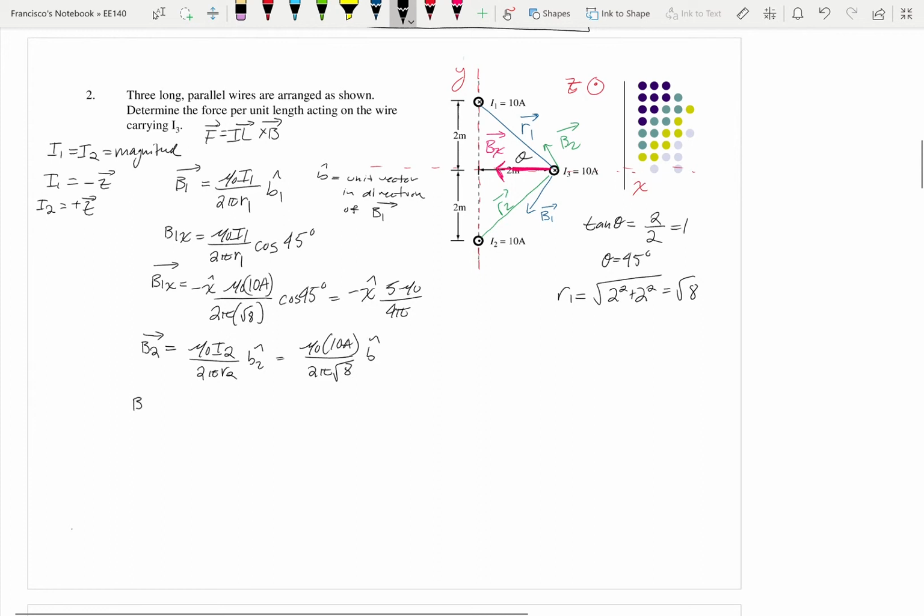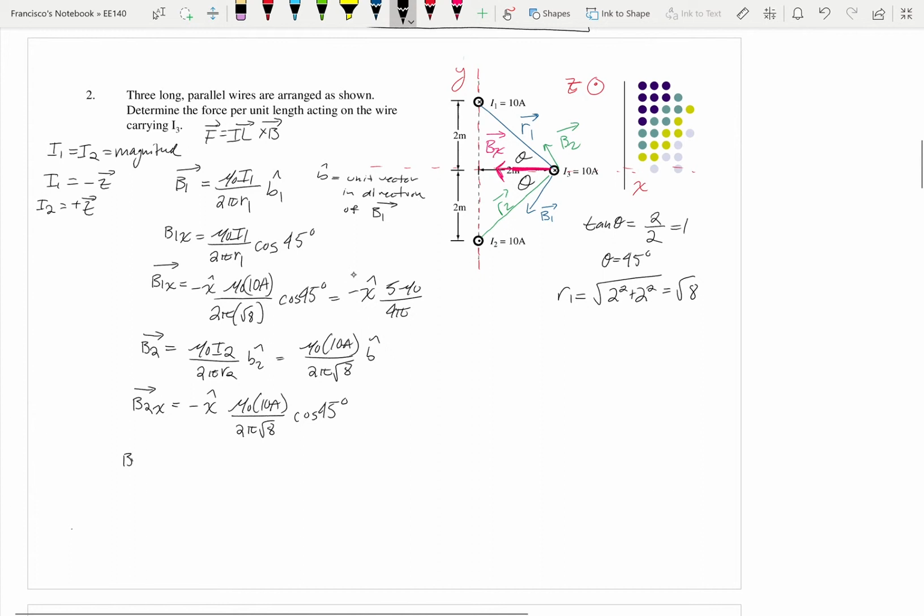Now let's find the x component. So it's going to be negative x hat times cosine 45 degrees. Same angle.